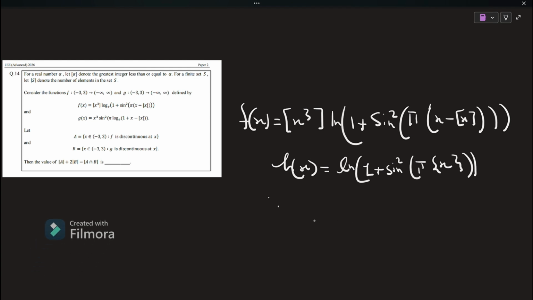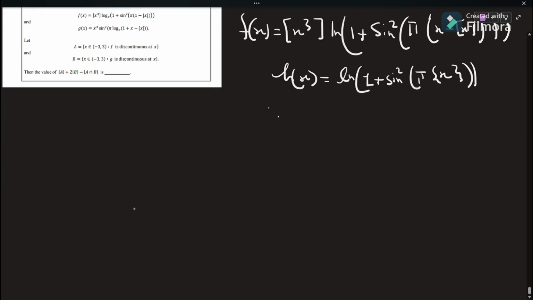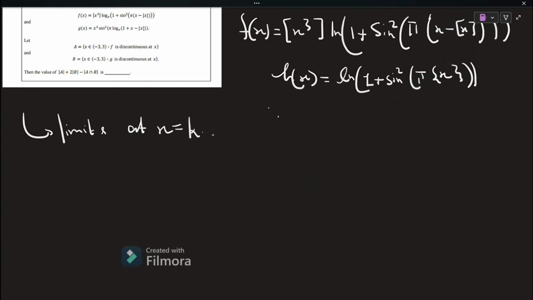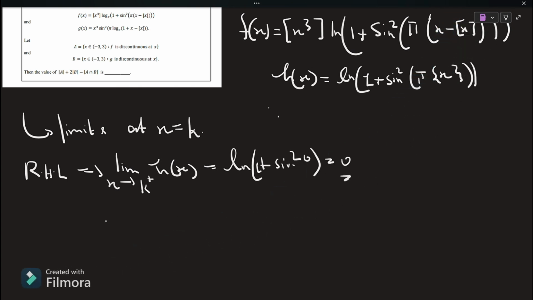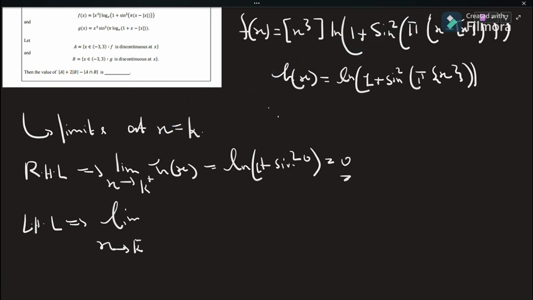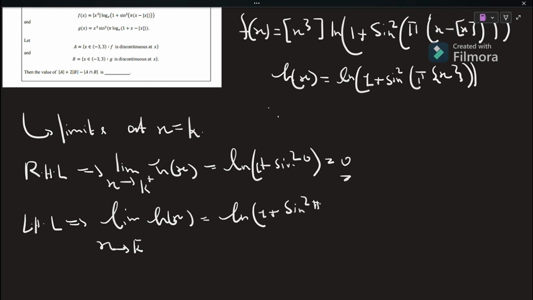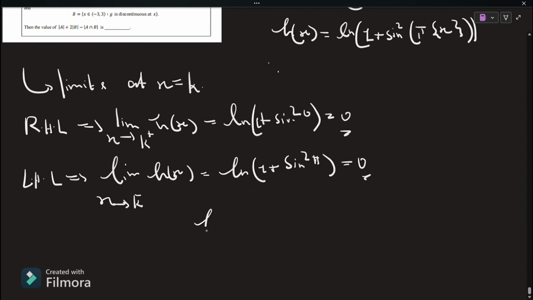So let's check the limits at x equals k. The right hand limit, as x tends to k plus, of h(x) is ln of 1 plus sine square 0, which equals 0. The left hand limit, as x tends to k minus, of h(x) equals ln of 1 plus sine square of pi, which will also be 0. And h(k) is also 0.